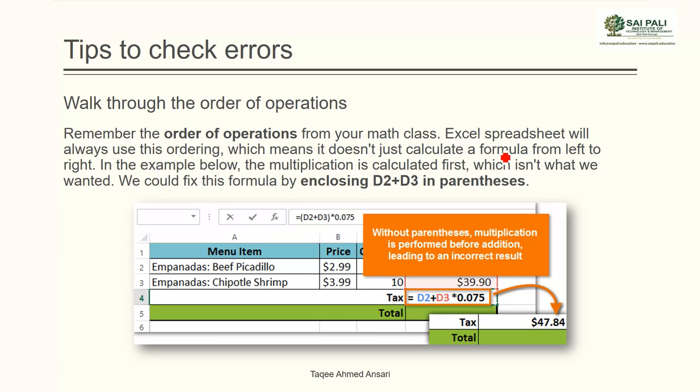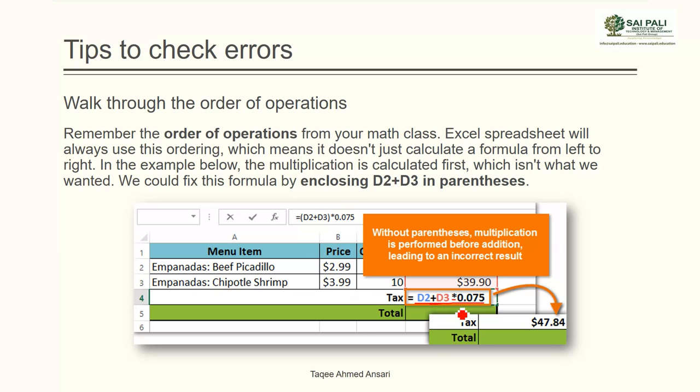It does not calculate a formula from left to right or right to left or below to up. It will always go by the order of operations. So in this case, if you see here, this is a wrong calculation, you will get the wrong value, because you have addition and multiplication.